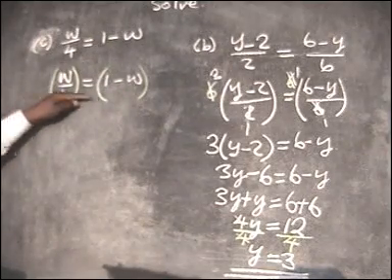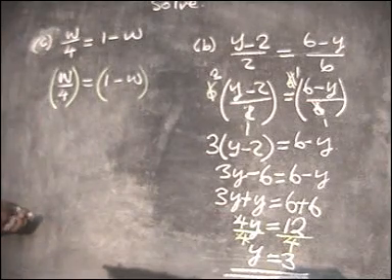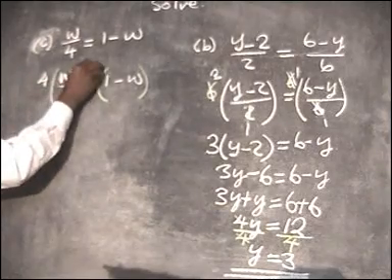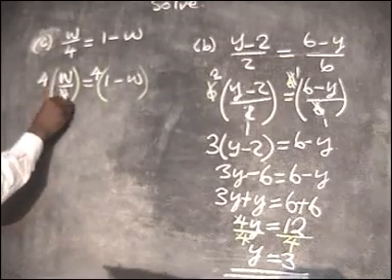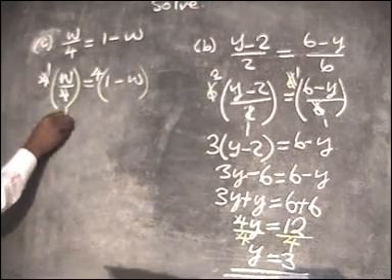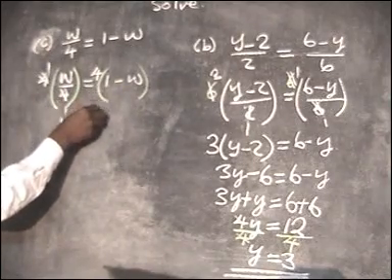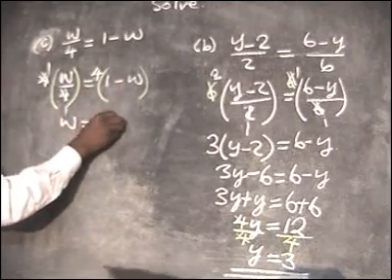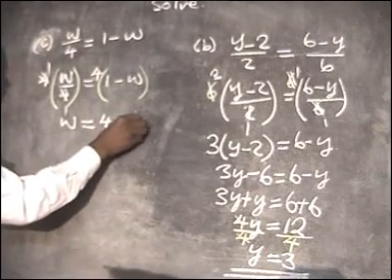So the highest number down there is 4, so each side should be multiplied by 4. The 4 there gives 1, and the 4 there gives 1. So 1 multiplied by W gives W, equals 4 multiplied by 1, which is 4, minus 4 multiplied by W, which is negative 4W.